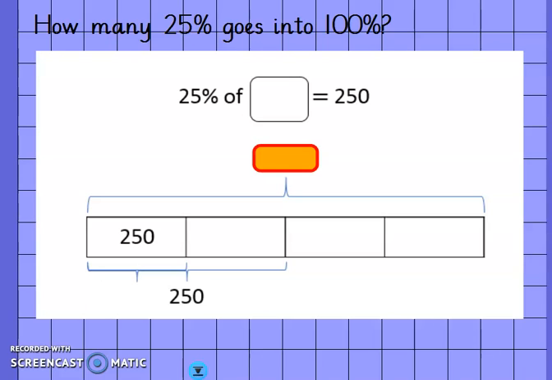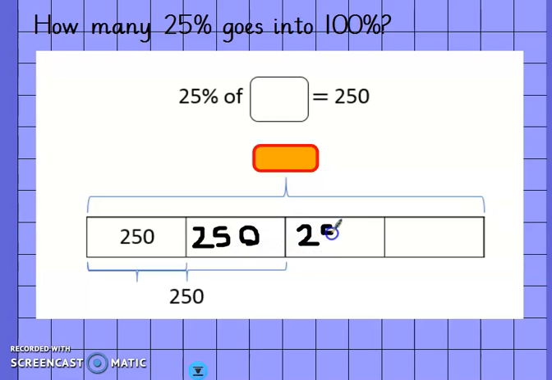Next one then, it says 25% of something is 250. So that means I'm going to split something into quarters, and 1/4 is 250. Let's fill it all in because that'll help us.